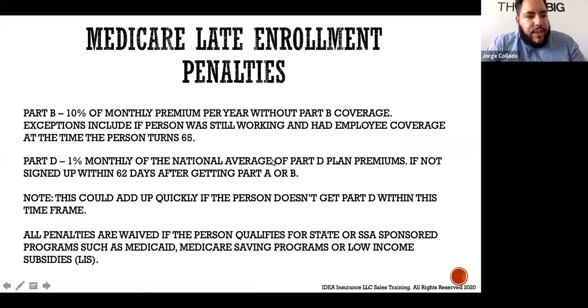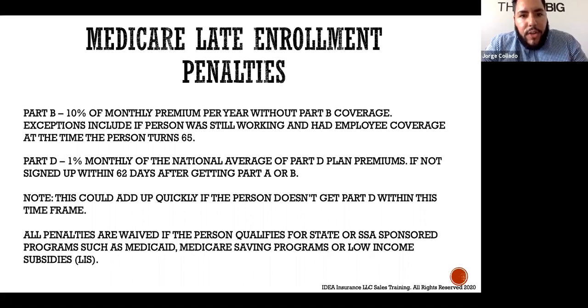Late enrollment penalty. So we'll go over this real quick. Part B is 10% of the monthly premium per year without Part B coverage. So somebody that didn't have Part B, and then later on, 5 years later, they decide that they want Part B, they're going to get hit with a penalty of 10% per year without coverage.